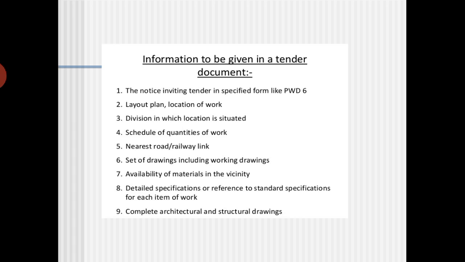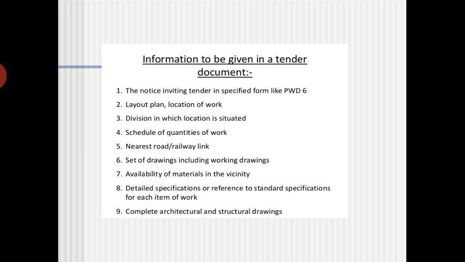The division in which the location is situated, what division in which the location is situated. Schedule of quantities of work has to be mentioned. Then nearest road, railway link. For example, sometimes if you are unable to bring the materials to that site, it is very difficult.